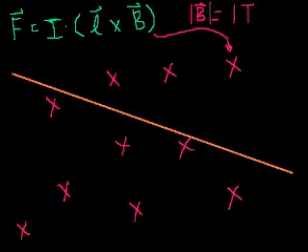And let me tell you a little bit of information about this wire. Let's say the wire is carrying a current, so I is going in that direction, and it is carrying a current of, I'm just making up numbers, 5 amperes or 5 coulombs per second.